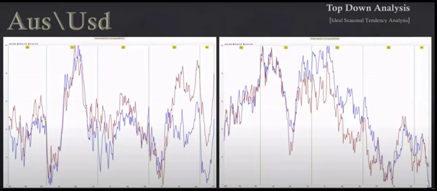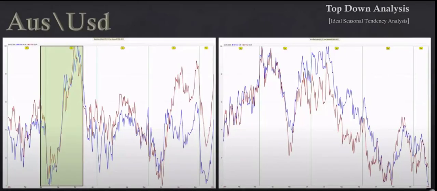It doesn't mean that every single year the seasonal tendency will come to fruition, but that's okay. It's a general rule of thumb. There are plenty of these seasonal tendencies as we go through the major pairs, so there is always something every year that would set up a potential long-term trade.